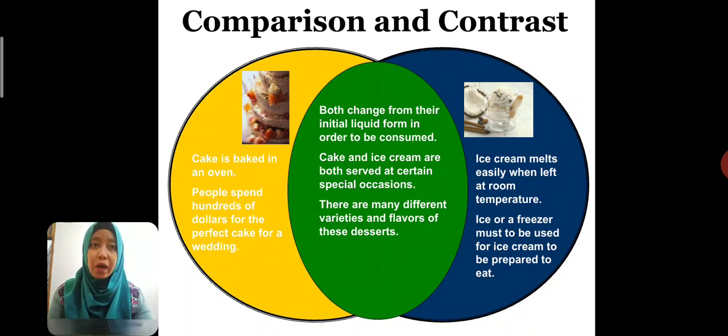And the green one is the similarity between cake and ice cream. Both change from their initial liquid form in order to be consumed. Cake and ice cream are both served at certain special occasions. There are many different varieties and flavors of this dessert.